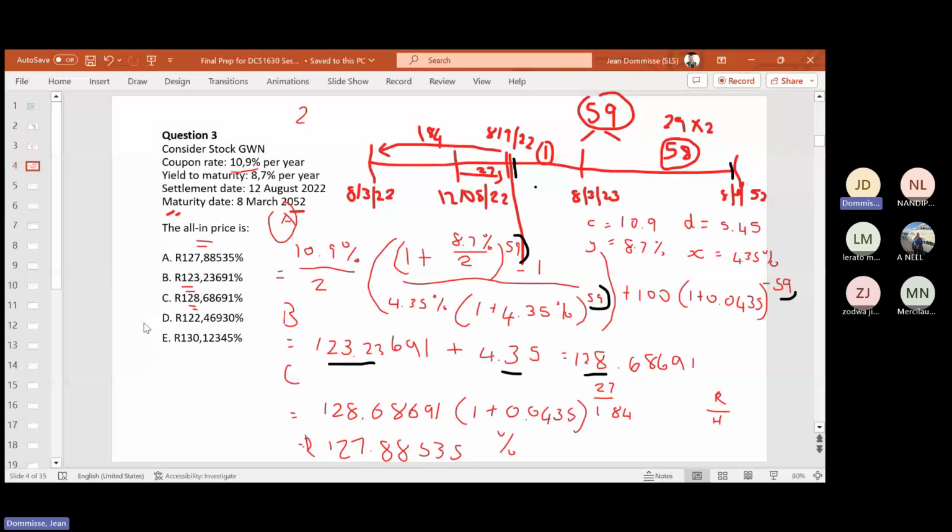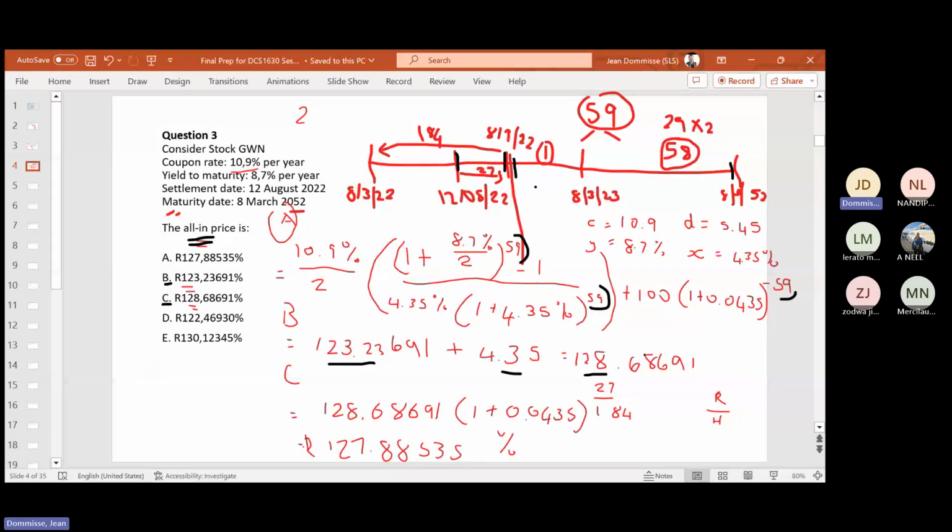Unfortunately, for each one of them there is an answer as well. Very important in this one is that we need to work out the all-in price. So what we still need to add to this is the 27 days.